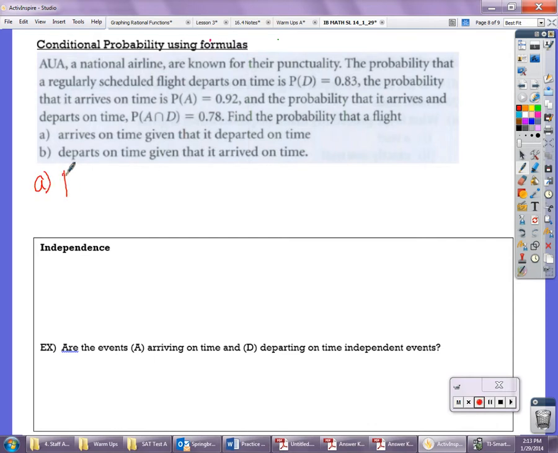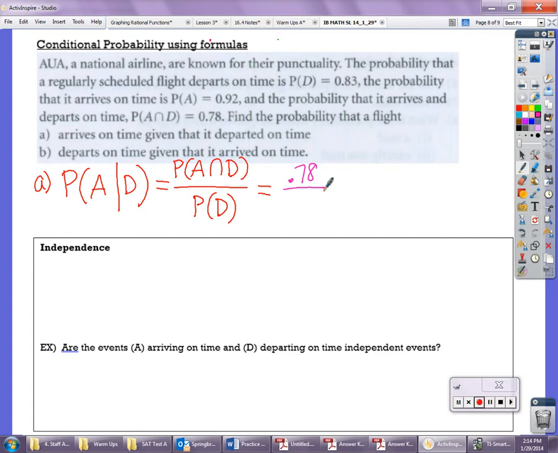So, probability that it arrived on time given that it departed on time is the probability of the intersection divided by the probability of departing. The reason for that, I'll talk about in class tomorrow. So the and probability we have is 0.78, and the probability of departing is 0.83.